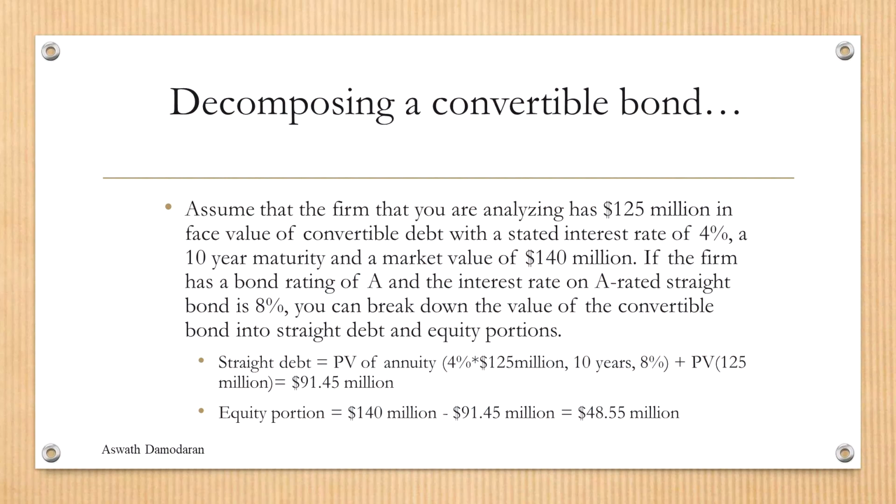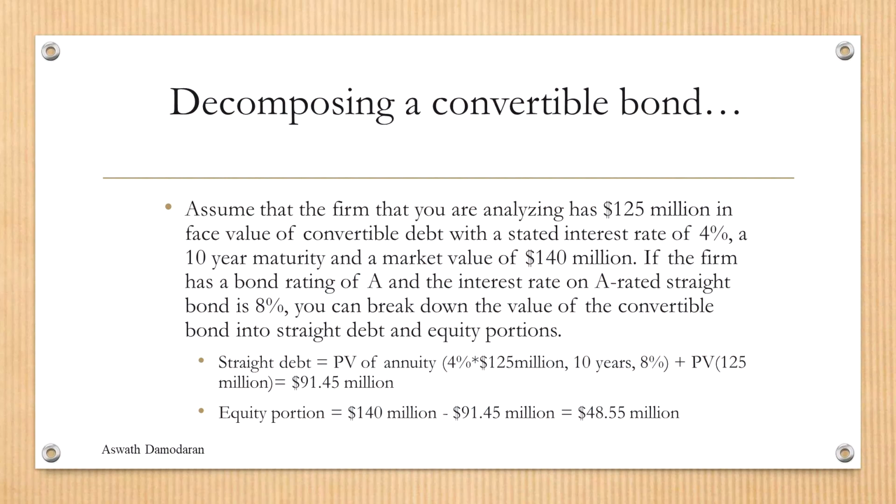We compute the present value of coupons, which is 4% of 125 million US dollars each year, and you will have 10 years of coupon payment, and then the discount rate is 8%. You can use an Excel spreadsheet or the financial calculator to calculate the present value of this 10-year annuity.